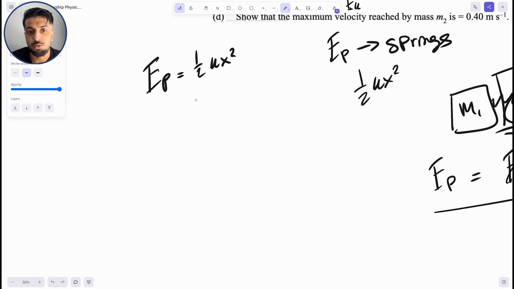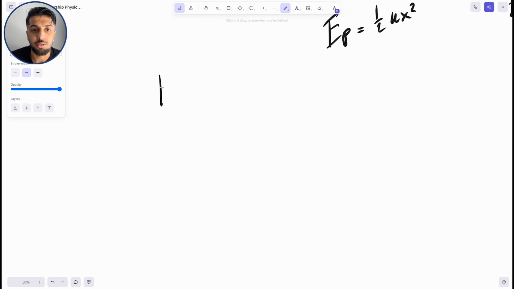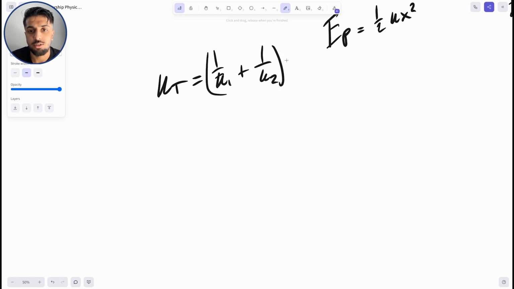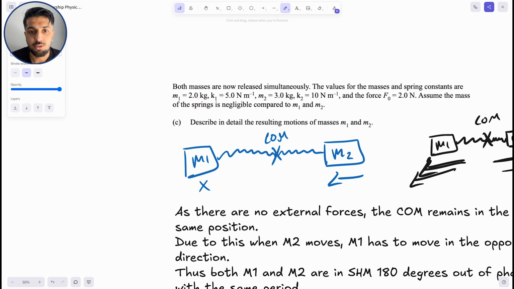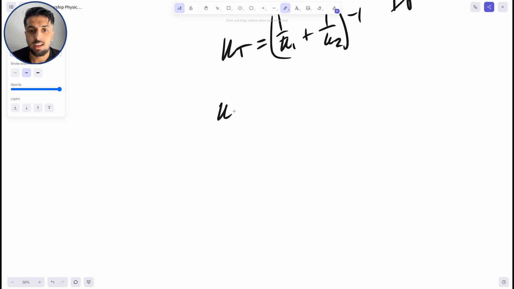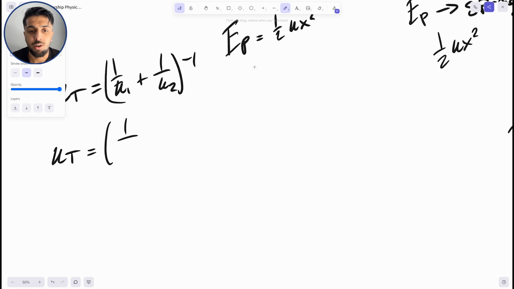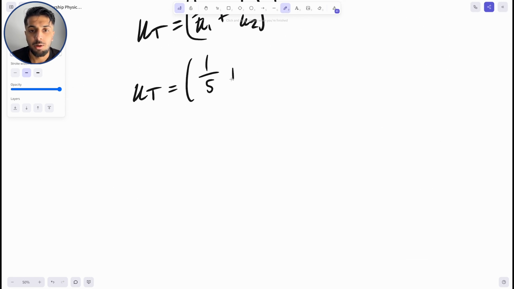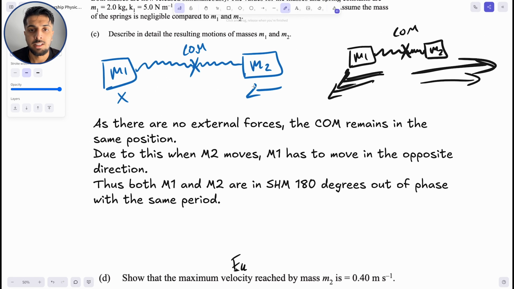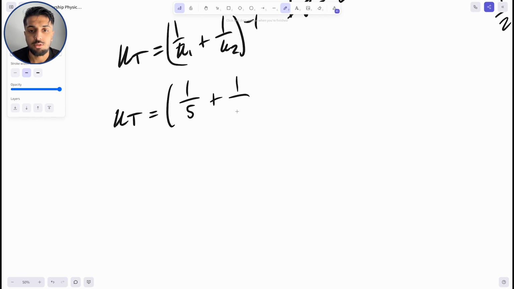In order to find the total potential energy, we can find our total K value, where KT is equal to 1 over K1 plus 1 over K2, and that's the inverse of that. Plugging in our numbers, KT is equal to 1 over 5 newtons per meter plus 1 over 10 newtons per meter, and that's the inverse of that.